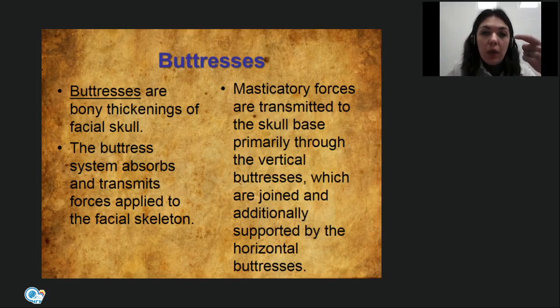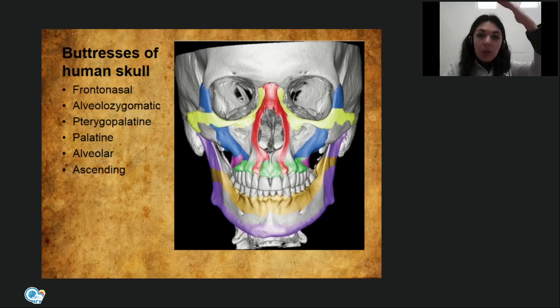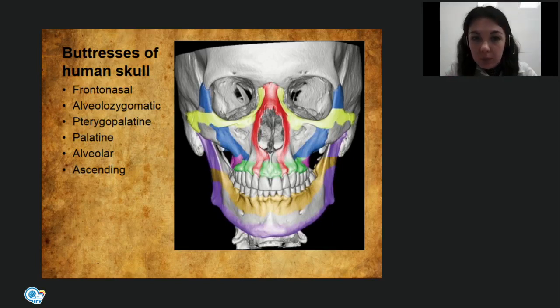These buttresses, like columns, support the human skull. They act as columns in a building: they connect lower parts with the upper part, and due to the presence of buttresses, the upper part cannot compress the lower part.